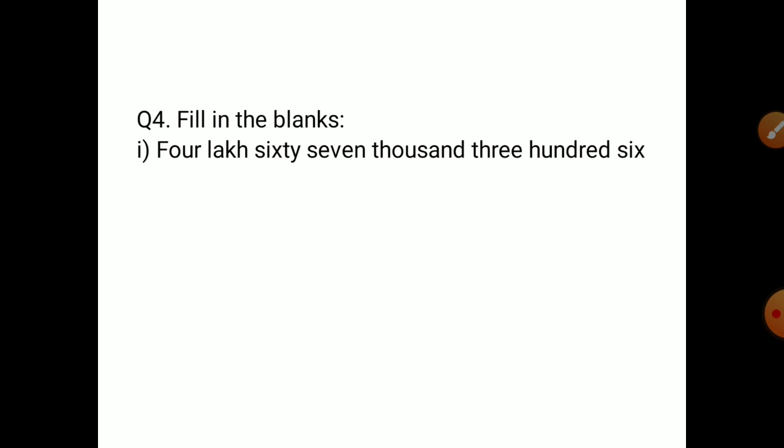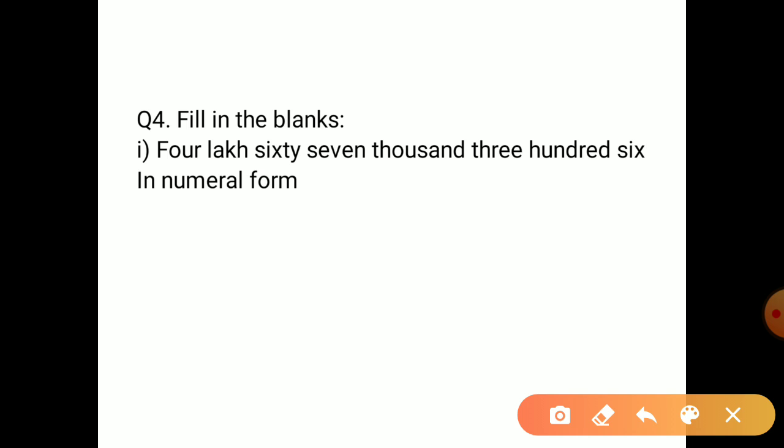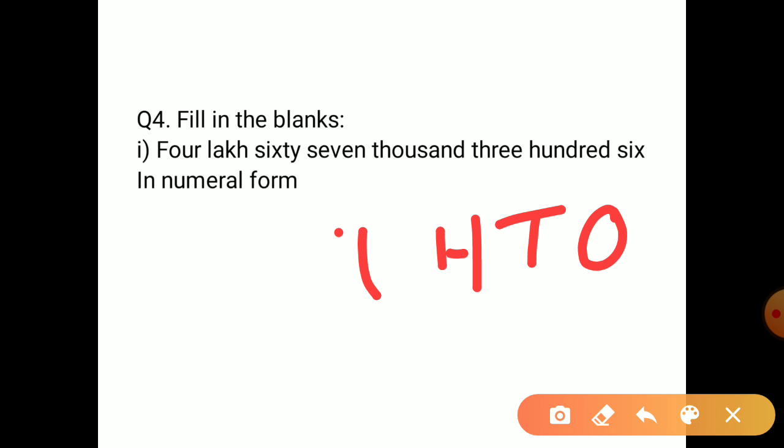Fill in the blanks. 4,67,306. You have to write this number in numeral form. Make the same table: ones, tens, hundred, thousand, 10,000.